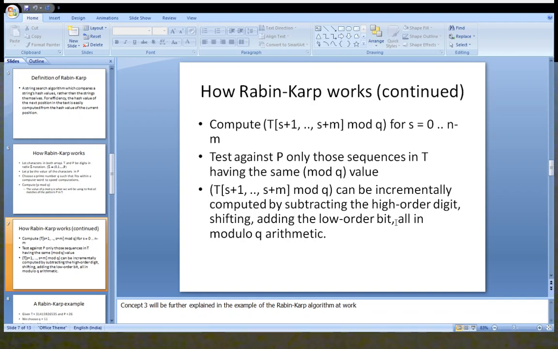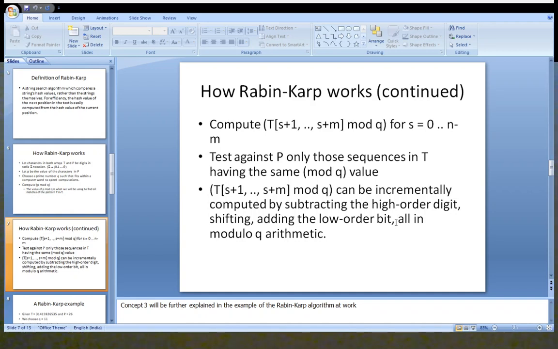If the pattern is of length 4 and the remaining text is of size 3, then there is no possibility of a match. So from the very left-hand side we shall start matching, deriving the mod q value for every combination, but at position n minus m we shall stop the process.